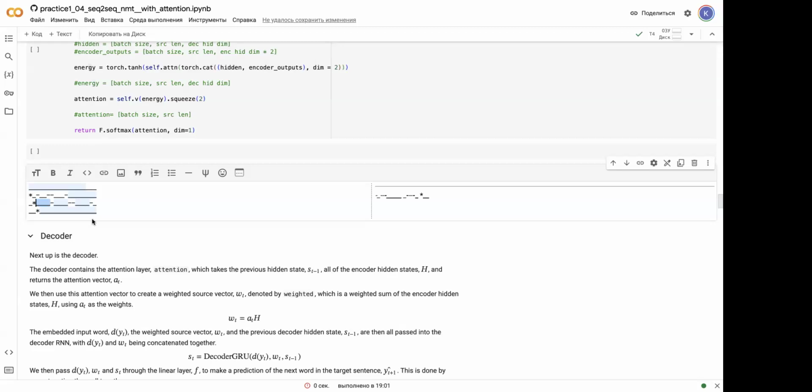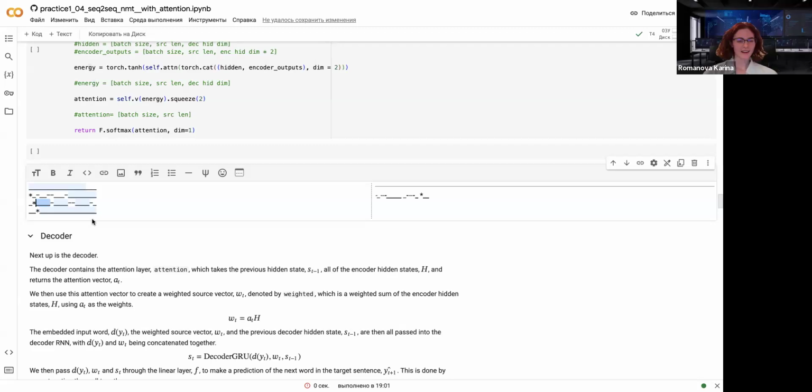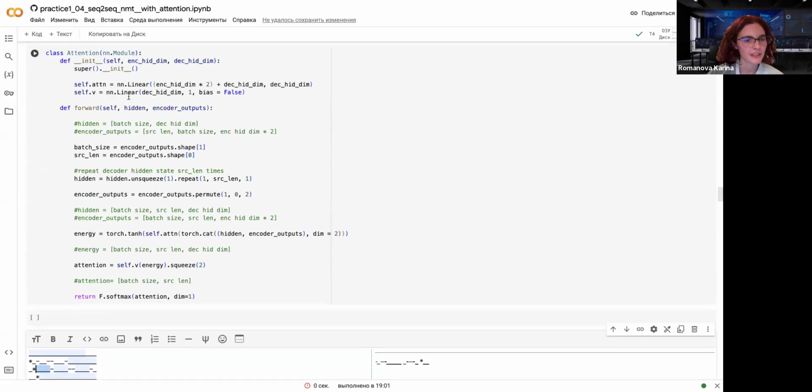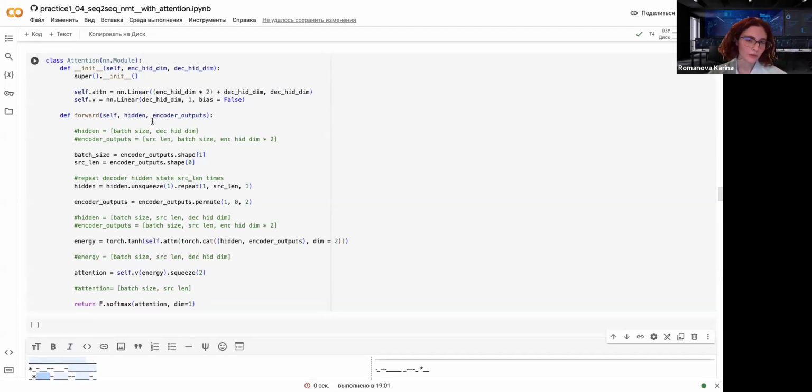Yes. Okay, give me a second, I will analyze how you calculate attention here. Linear, tensor, encoder, decoder. Okay, I will explain how to understand this part.